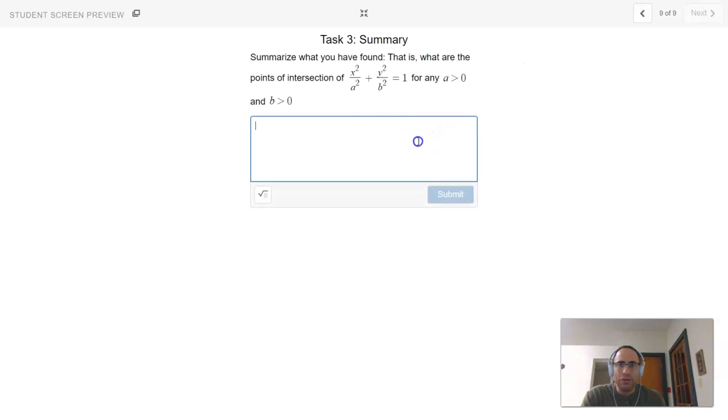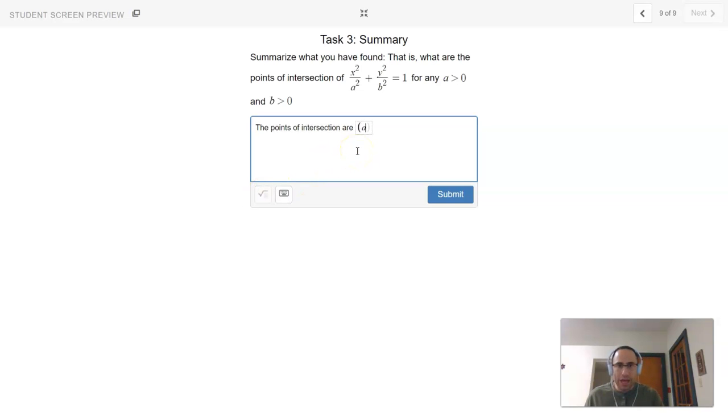Let's write that down. So what do we know about the points of intersection? Well, the points of intersection are a, 0. Let me use MathType to make it look nicer.